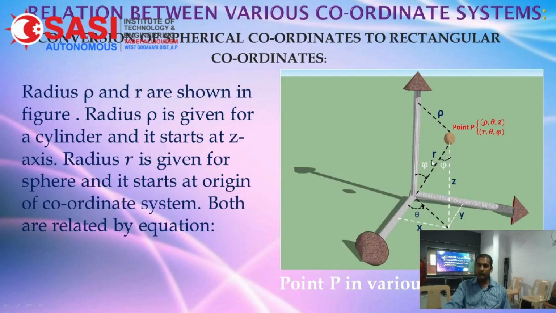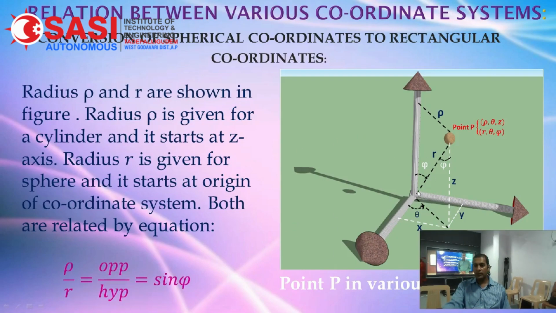This is the basic difference between the radius of the cylindrical coordinate system and the radius of the spherical coordinate system. Both are radius, but in spherical it starts from the origin, say r, and in the cylindrical coordinate system the radius starts from the z axis.